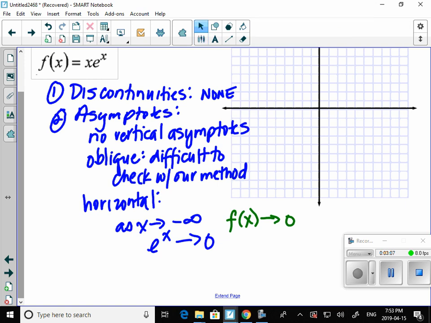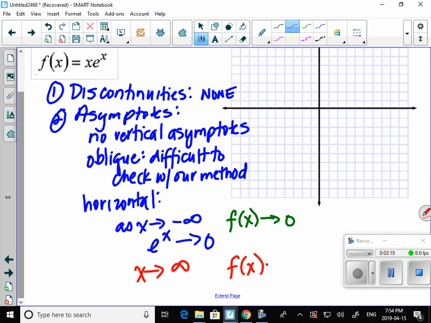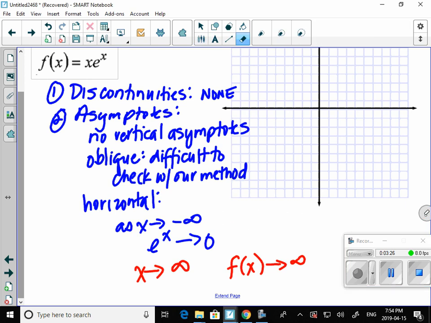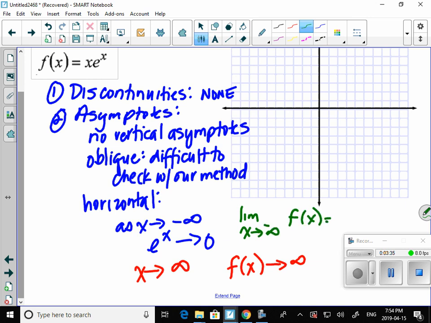As x approaches positive infinity, both pieces, the x piece and the e to the x piece, are both approaching infinity, so the function itself is going to approach infinity. So I suppose we should write that just a little bit prettier. The limit as x approaches negative infinity for the function does approach 0 because of the e to the x part. All right, so we've looked for discontinuities.